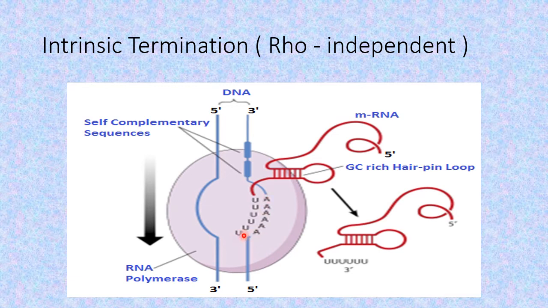As soon as it encounters these weak points, this hybrid separates from each other. This RNA polymerase separates from the DNA double helix, the regular DNA double helical structure is formed, and this RNA is set free.